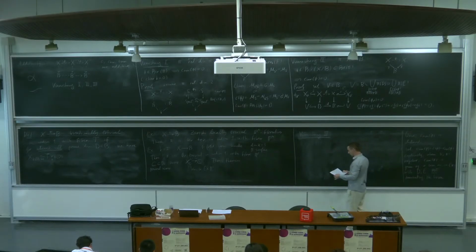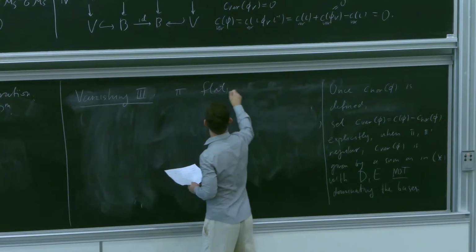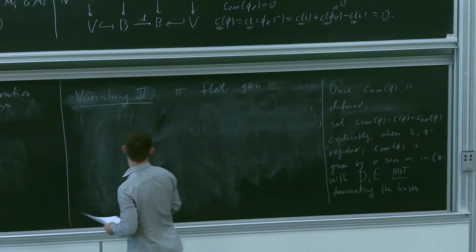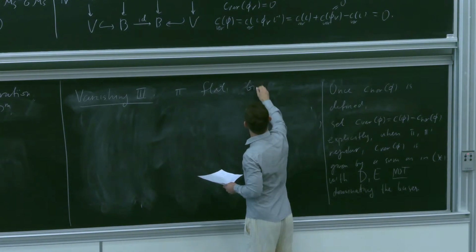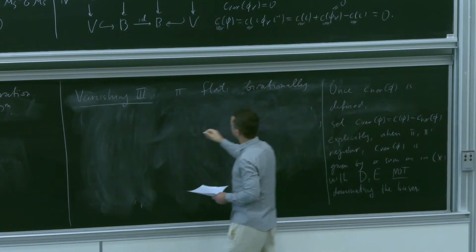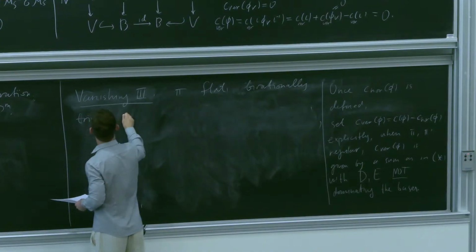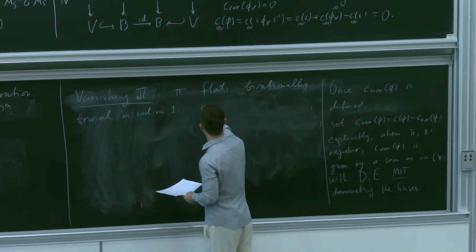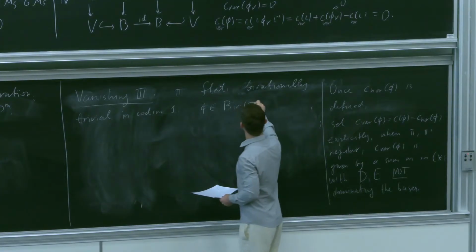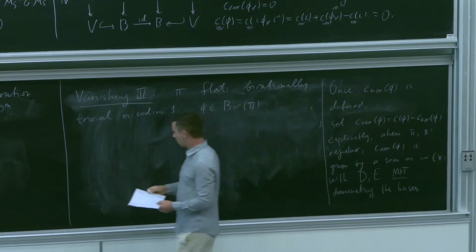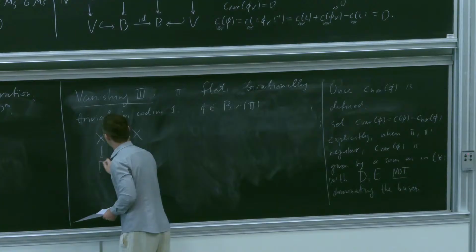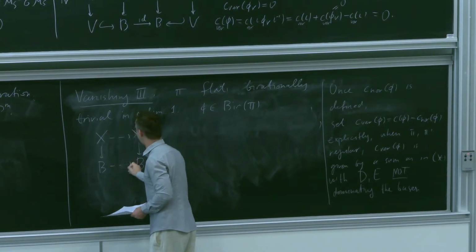Okay, so vanishing 3 is the following result, which is a bit more general than vanishing. We work with π flat and birationally trivial in codimension 1, and I take φ, a birational self-map of X. The picture is that there is some interesting map induced on the base.